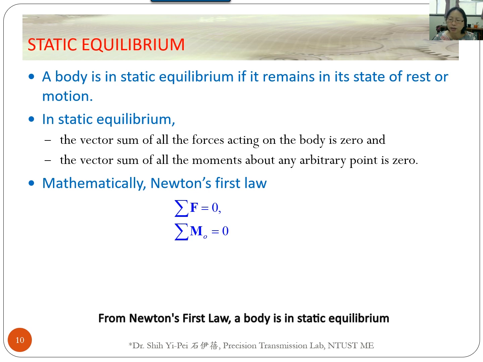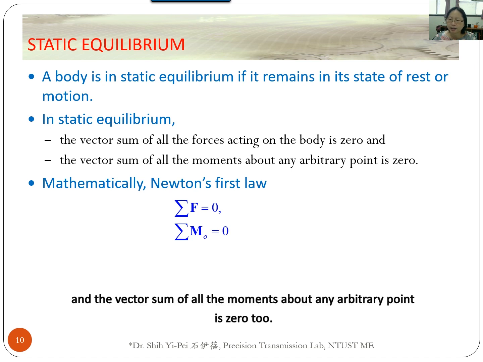From Newton's first law, a body is in static equilibrium if the resultant of all the forces acting on the rigid body is 0. This condition results in two vector equations. The vector sum of all the forces acting on the body is 0, and the vector sum of all the moments about any arbitrary point is 0 too.